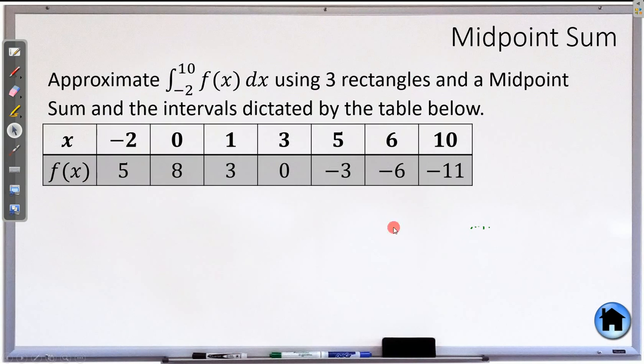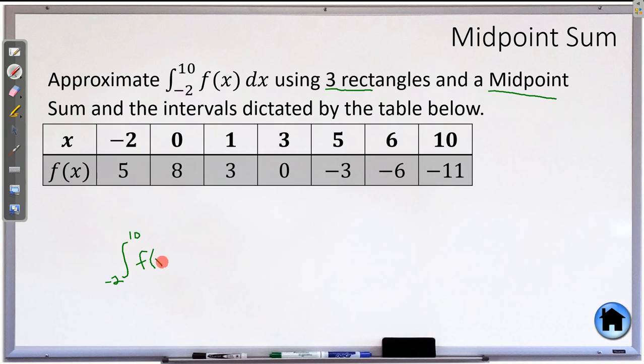So this time, you often see this when you don't have an actual equation, just a table. And so here's a function f of x. We have a couple of points, y values for it. We don't actually have the equation. Using 3 rectangles and a midpoint sum, what is the value of this integral from -2 to 10?